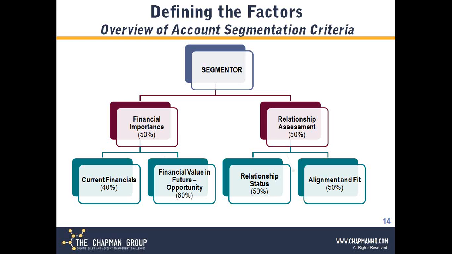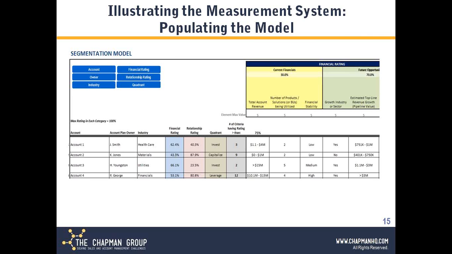We want to take a good look at the relationship and ask what the current status is today, and what the alignment and fit is between our organizations. That's critical. Those two components make up the critical pillars of the relationship assessment. And when you combine that, you end up with what you might call an account rating in the segmenter.